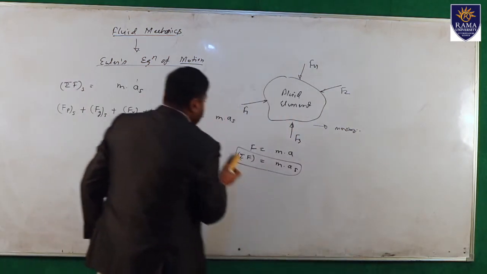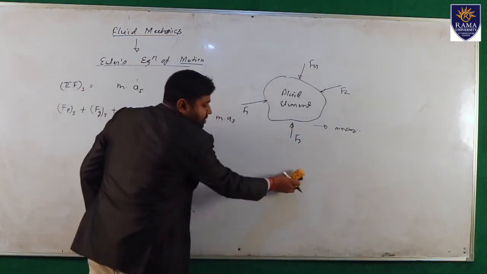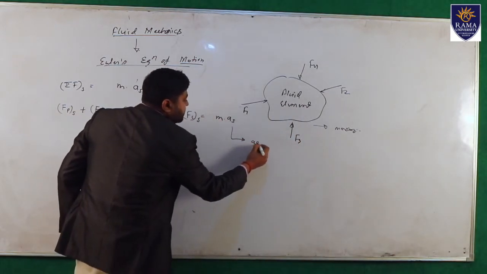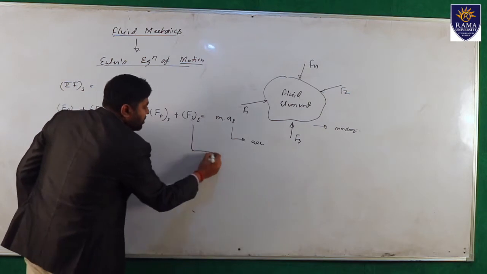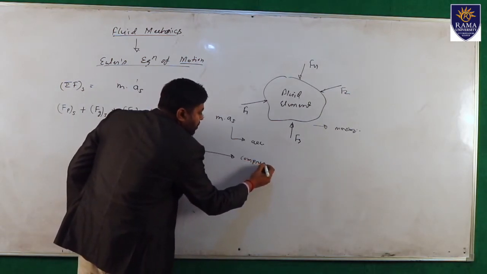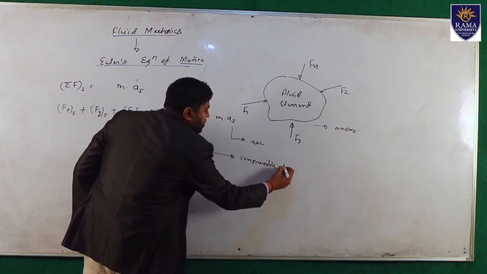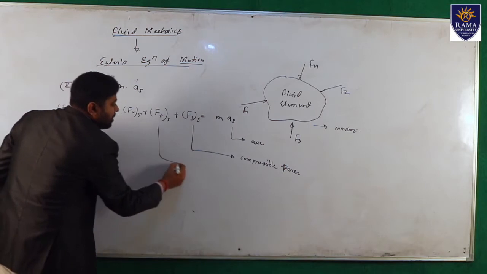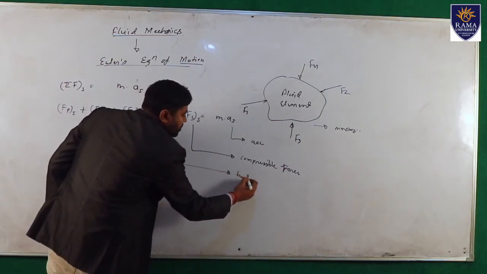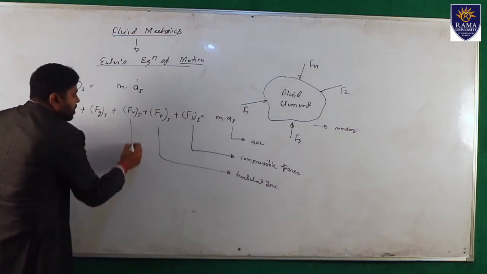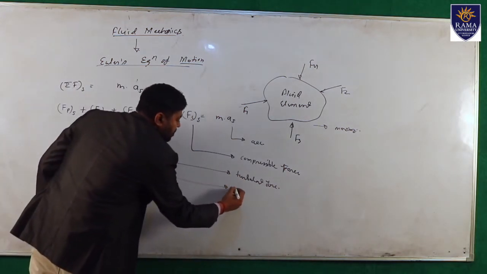How is it represented? It is represented like this. This one is acceleration. This one is the compressible force. Then the turbulent force. Then the viscous force.